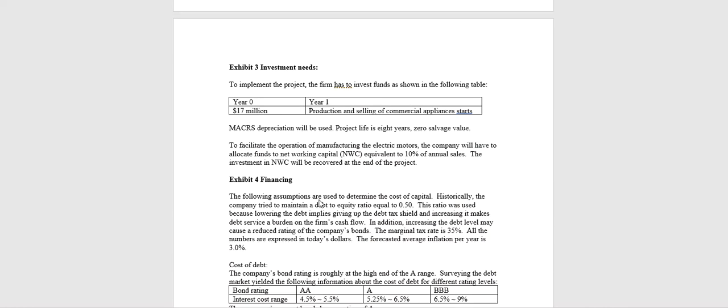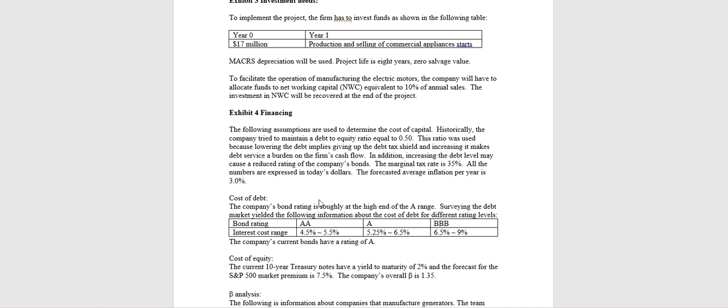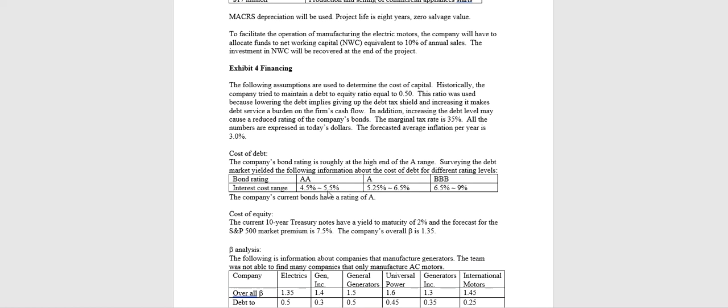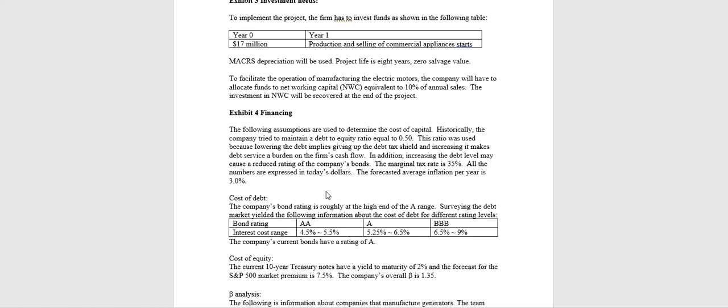In addition, you have to do a weighted average cost of capital analysis, with the following information giving you the cost of debt and the cost of equity. I would assume the capital asset pricing model would be the one to use for this analysis. You're given the capital structure of the company, and you're off and running.